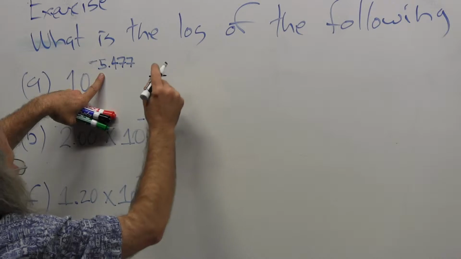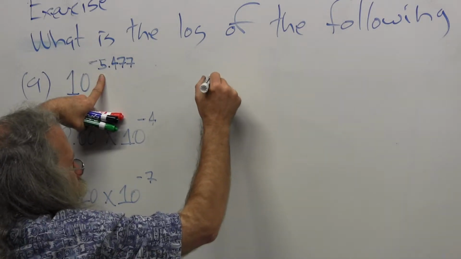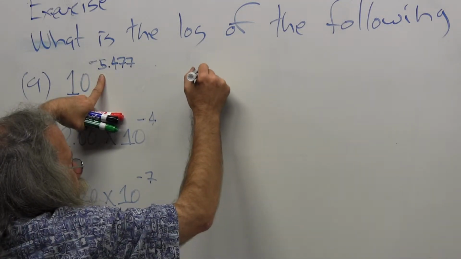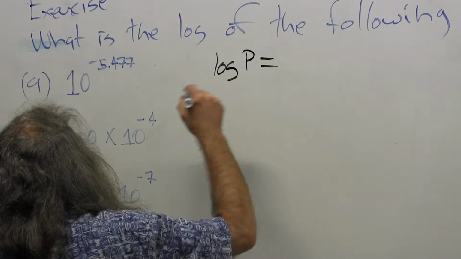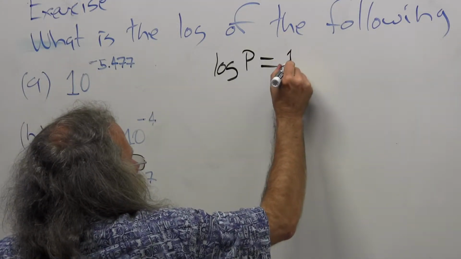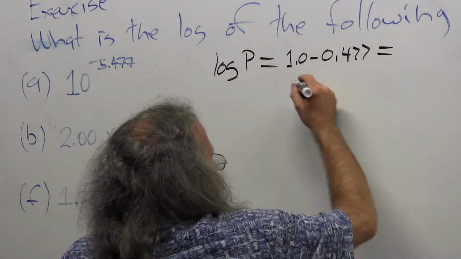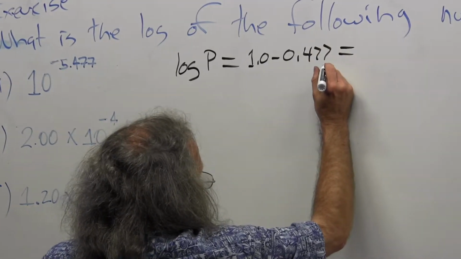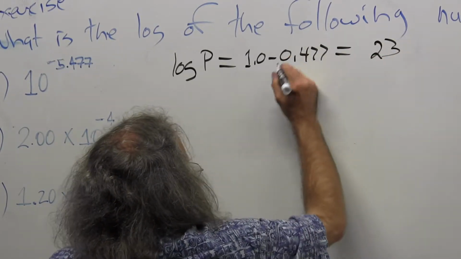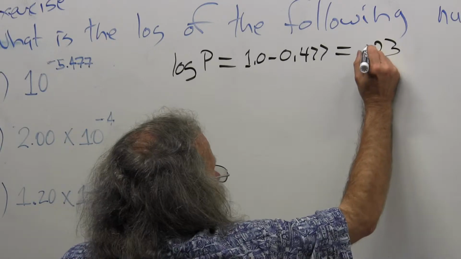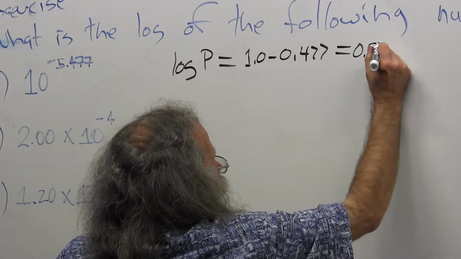The log of p is going to be equal to 1.0 minus 0.477, and that is equal to 0.523.